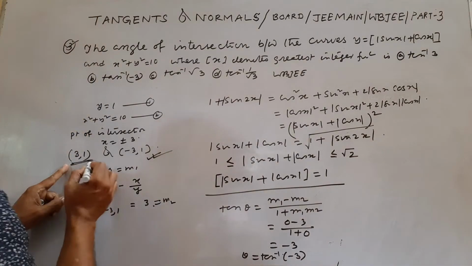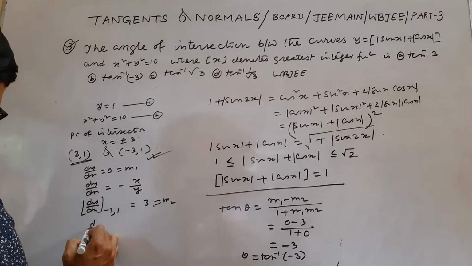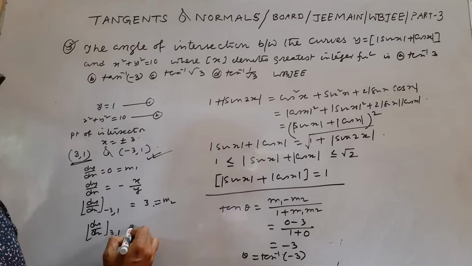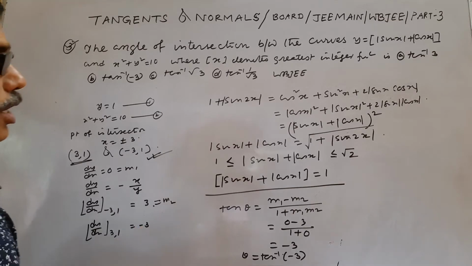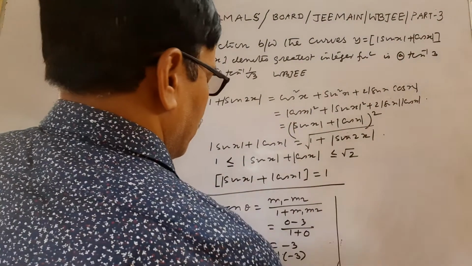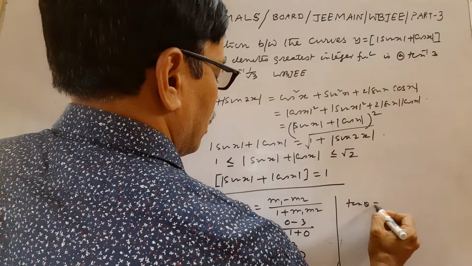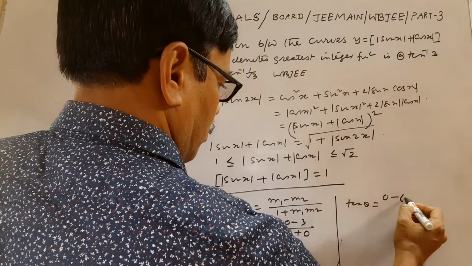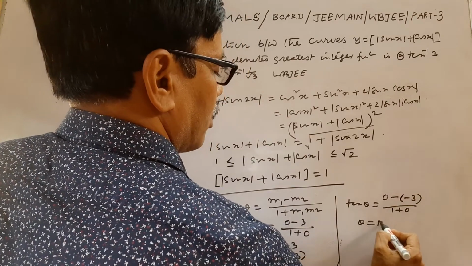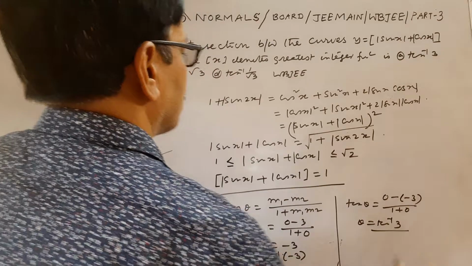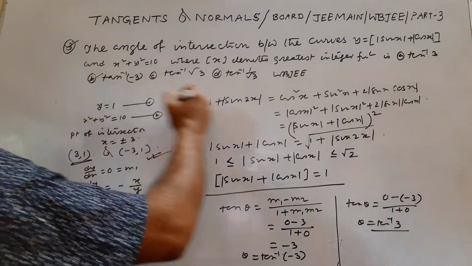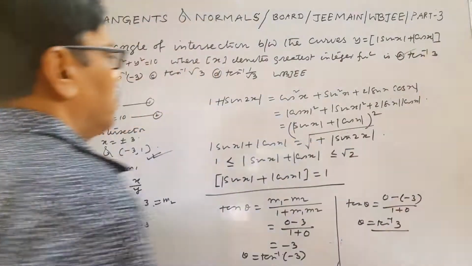If we take (3, 1), dy/dx at (3, 1) is minus 3. So here it will be plus. So tan theta is 0 minus minus 3 by 1 plus 0, so theta equals tan inverse 3. So angle is tan inverse minus 3, tan inverse 3.